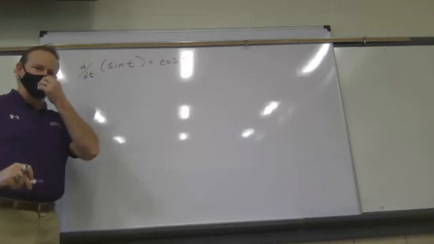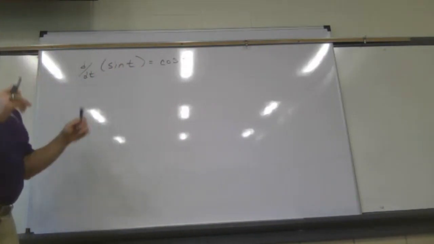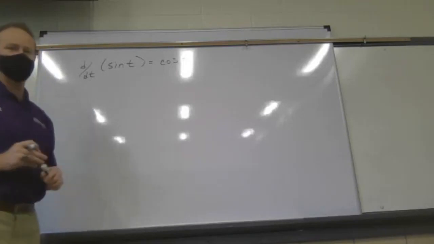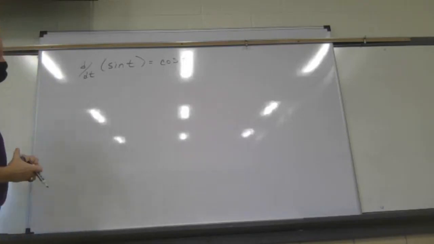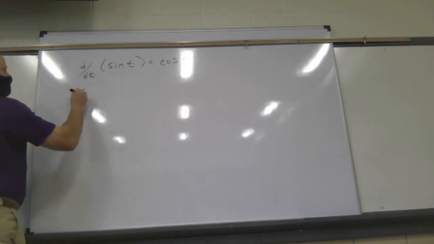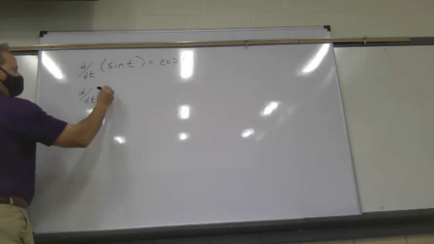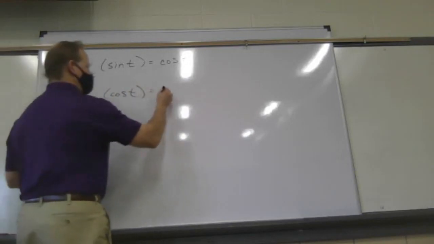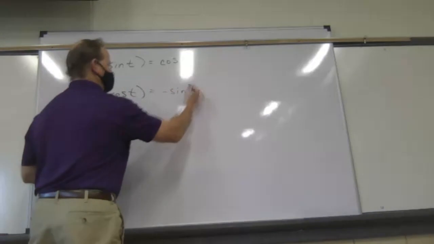We can actually prove this, but you can just accept it as a fact. The derivative of sine is cosine, which is kind of nice. It's the way the curves work out. But then we also have the derivative of cosine. The derivative of cosine is minus the sine of t.